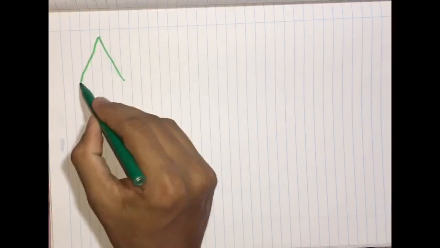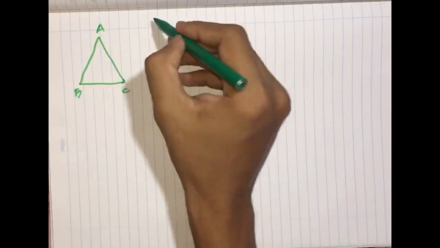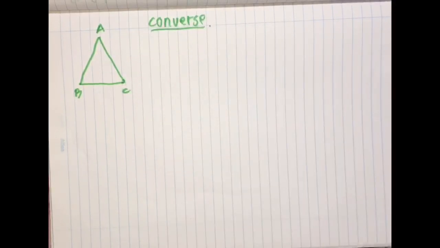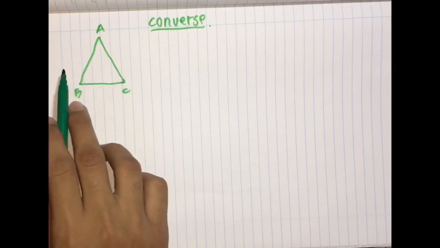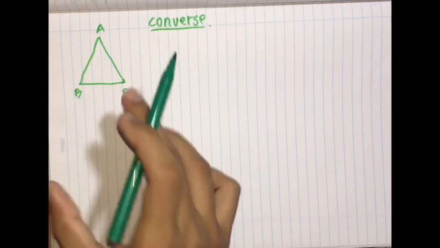That is, if you take a triangle, consider a triangle ABC. The converse of the theorem is the same theorem but you come from the other side. Earlier also you have studied something related to this. Now here they say, if a line divides two sides of a triangle proportionally, then that line is parallel to the third side.